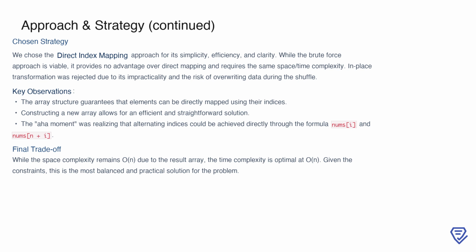The key insights that led us to the direct mapping method include the predictable structure of the array, which allows elements to be mapped cleanly using indices, and the realization that constructing a new array ensures an efficient and straightforward implementation. The final trade-off to consider is the O(n) space complexity due to the result array, but given that the time complexity is also optimal at O(n), this approach represents the most balanced and practical solution for the problem.